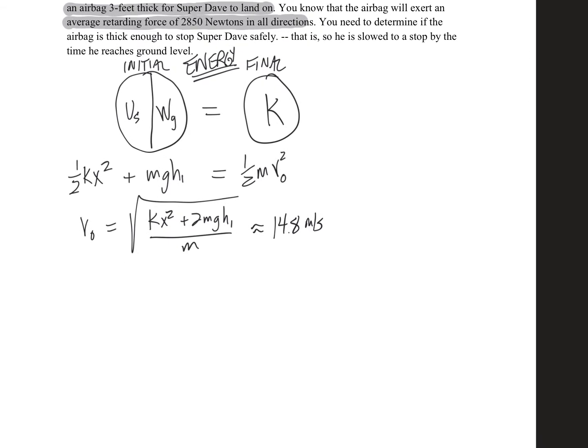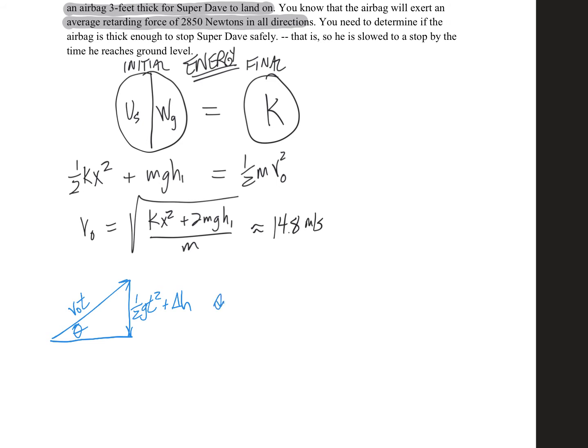All right. So now we know something about this stage of the problem, and now we can take a projectile motion approach. Now that we know his initial speed, we know that this is going to happen. We don't know what the range is, don't even really care.